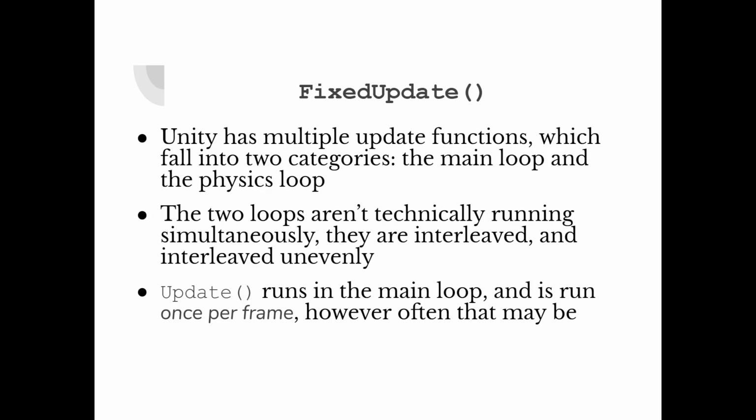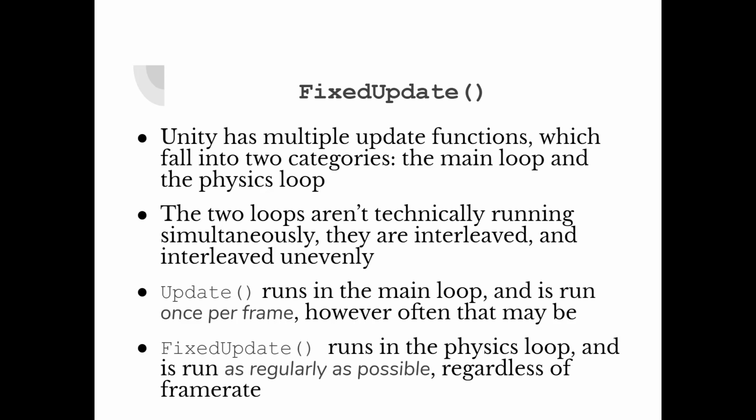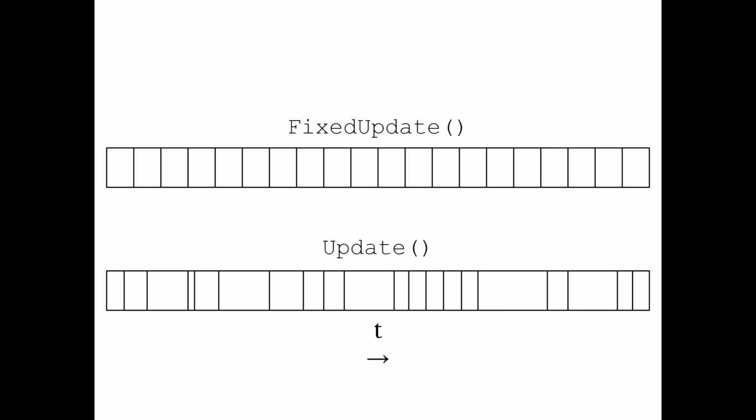Update runs in the main loop and is run once per frame, however often that may be. And FixedUpdate runs in the physics loop, and it runs as regularly as possible, regardless of the frame rate. The physics loop has some additional characteristics that allow it to interrupt what's going on in the main loop, so that it will happen at a consistent rate.